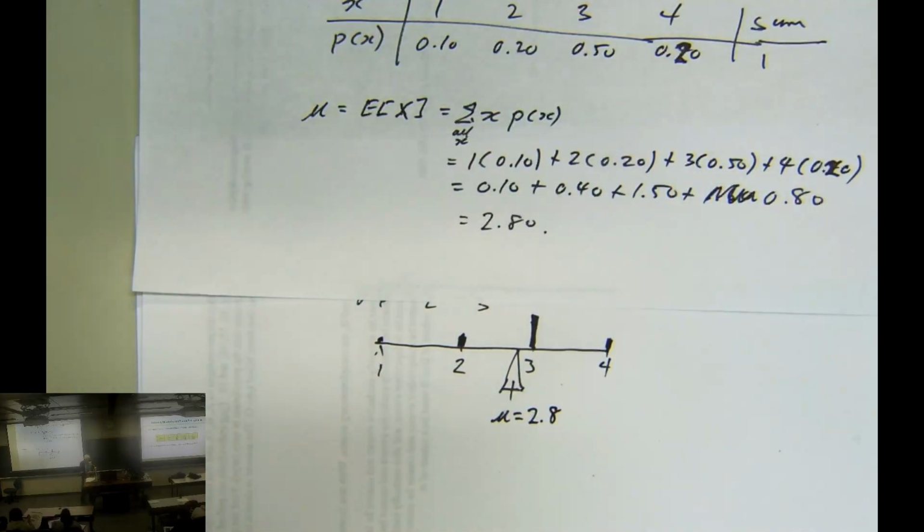What we would recognize is that just 2's and 3's would be less variable in our outcomes than when we can also get 1's and 4's. So we want a way of measuring the variability of the outcomes for the random variable x. And so we need to make another definition here.